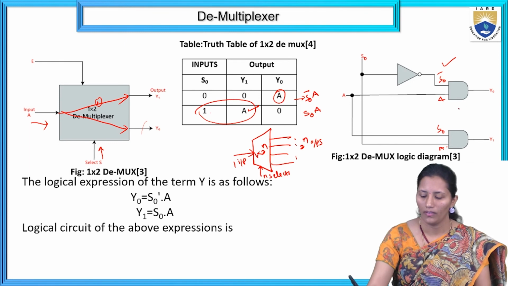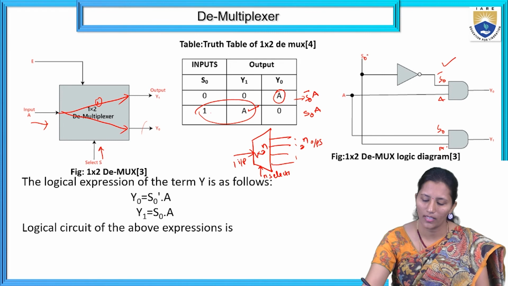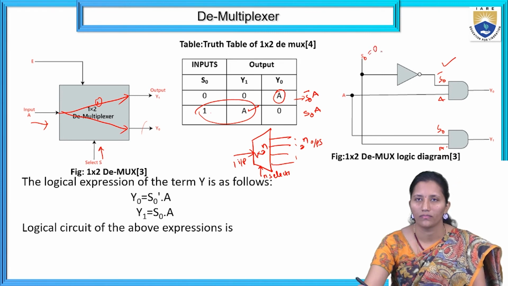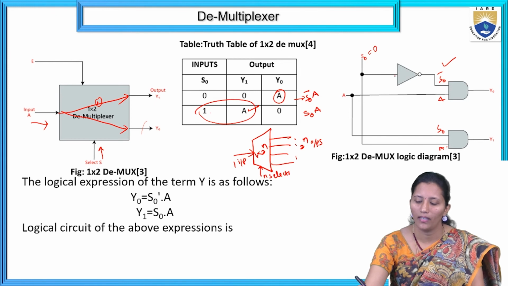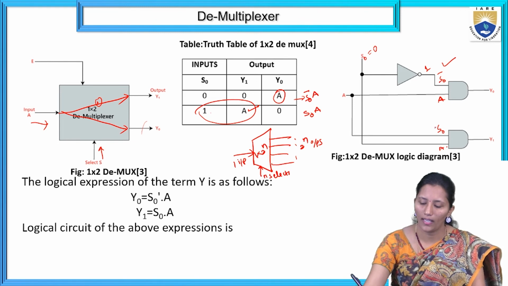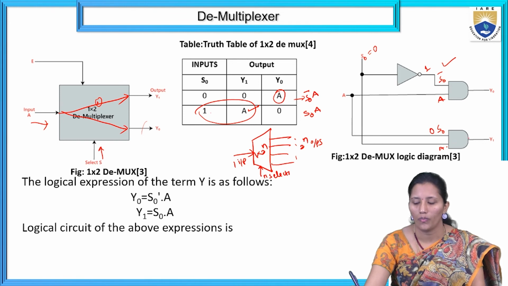For example, S0 is equal to 0. For the first AND gate, S0 is 0, so after inversion we get 1, and here we get A. For the second AND gate, directly we get 0 and A. If any one input to an AND gate is 0, the output is 0, so we get Y1 is 0.